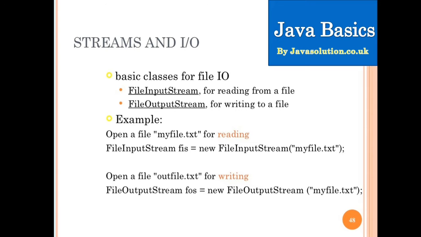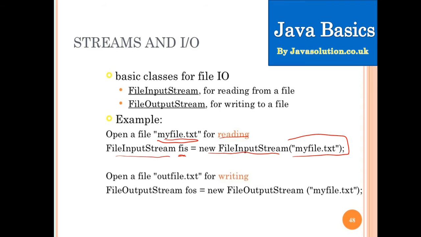The basic classes for file IO, as we mentioned earlier, are FileInputStream, used for reading from a file, and FileOutputStream, used for writing to a file. For example, to open a file for reading, you specify the file name and say FileInputStream, the instance name, new FileInputStream with the file name.